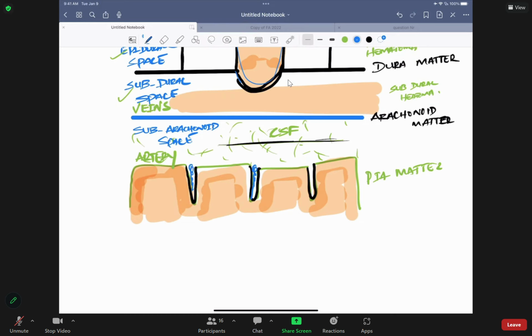Only subarachnoid hemorrhage, the blood can go in there. Your epidural or subdural cannot get in there, folks. Is that clear? So this is so important, okay? This is the most important of this bleeding today. So if the question says the sulcus is filled with blood, that means it's subarachnoid hemorrhage. Is everybody clear? All right.